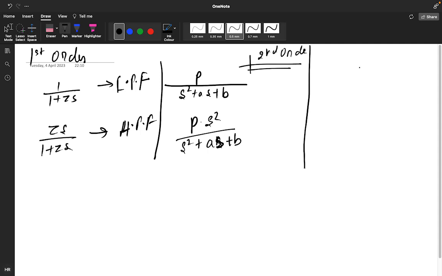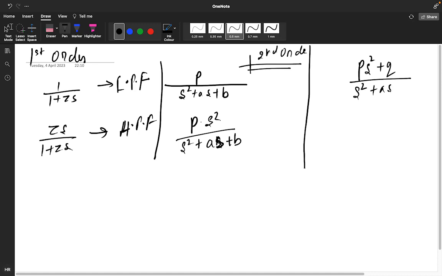And for a band pass filter you will get a characteristic equation like this. Don't try to memorize this particular formula. Just substitute s equals 0 and s equals infinity, and according to that say whether it is a low pass filter, band pass filter, or band reject filter. S square plus as plus b. So this is my band pass filter.